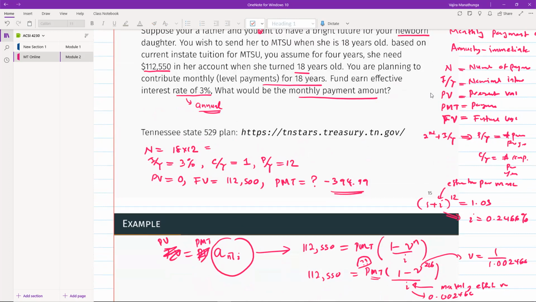So this one should be divided by (1 + i)^2, because I need the present value of 112,150, so 1.03^2 to 18. Please make that correction.